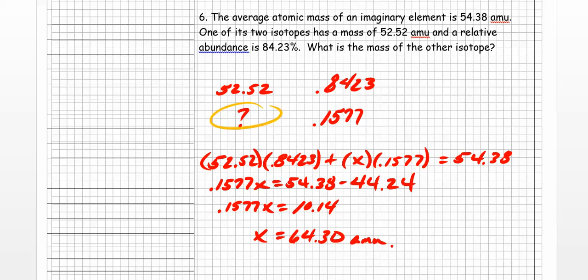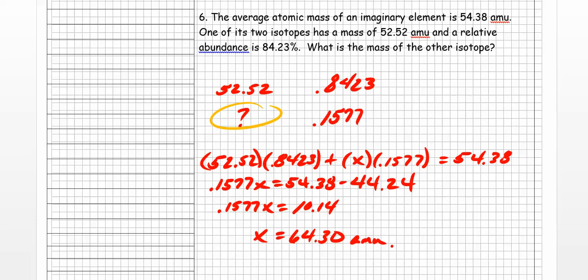Now, I'm told that the 52.52 AMU isotope has a percent abundance of 84.23 that I'm going to convert to decimal form, 0.8423. Now, where did I get this 0.1577? It's not in the problem. Well, here's what I know.